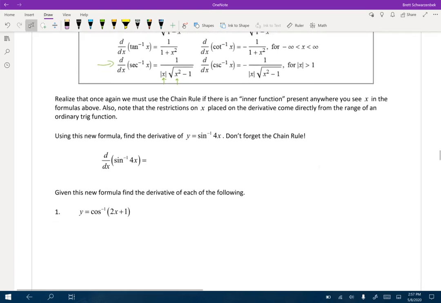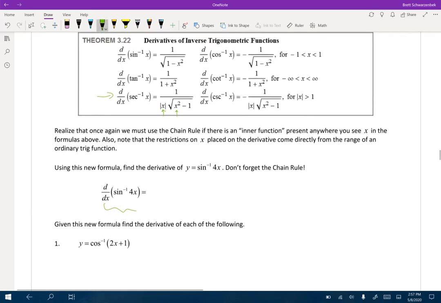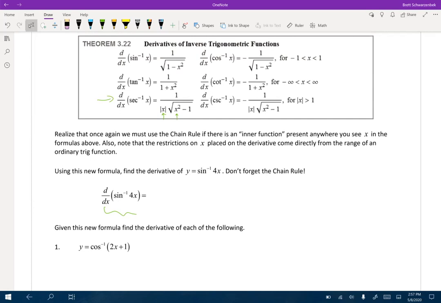Okay, so let's look at the sine inverse of 4x, its derivative. Again, it is a chain rule. Why? Because 4x is an inner function. It's not just x like here. It's 4x, which means we do have an inner function that we must manage. So the sine inverse is the outer function.